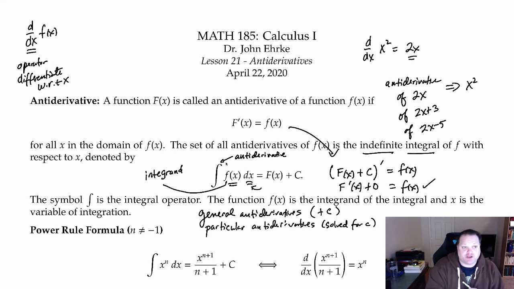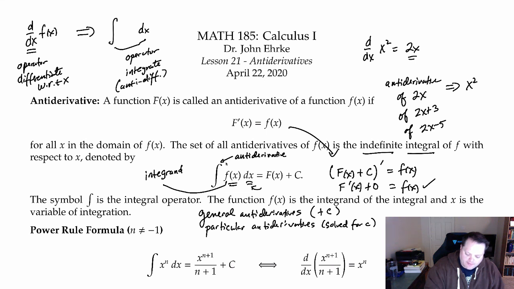Well, the notation here for the antiderivative is the antiderivative operator. So both of these are a part of the operator that tells you to integrate or anti-differentiate with respect to x as well.